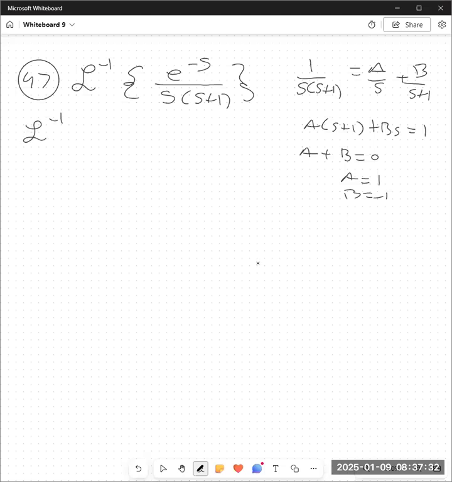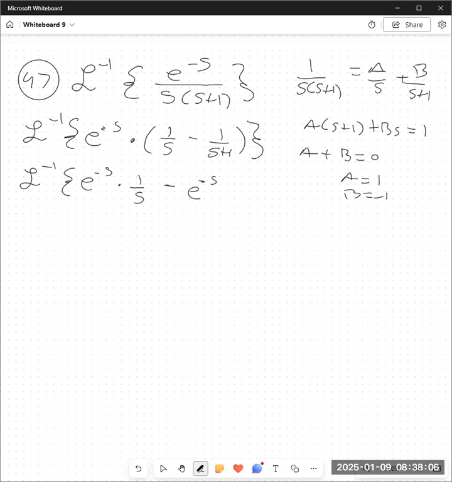So that gives me the inverse Laplace transform of e to the negative s times 1 over s minus 1 over s plus 1. So this is going to be the inverse Laplace transform of e to the negative s times 1 over s minus e to the negative s times 1 over s plus 1.